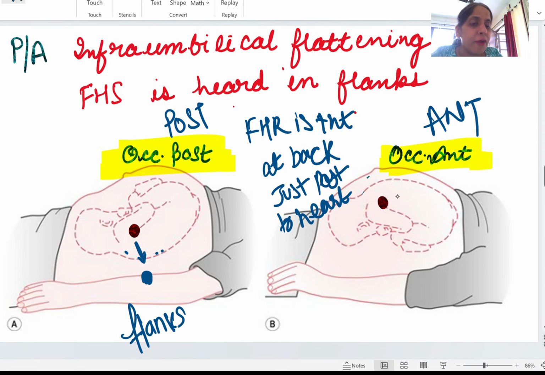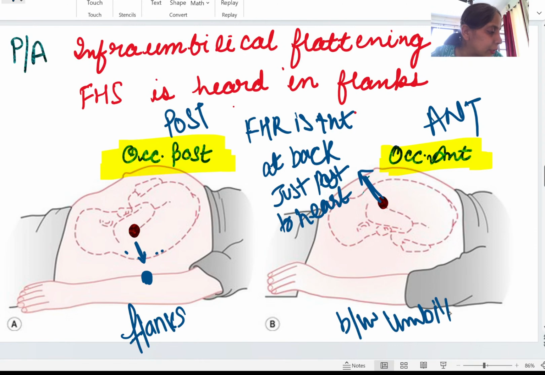And in the case of occipito-posterior, fetal heart rate is auscultated between the umbilicus and iliac spine. Is it clear?